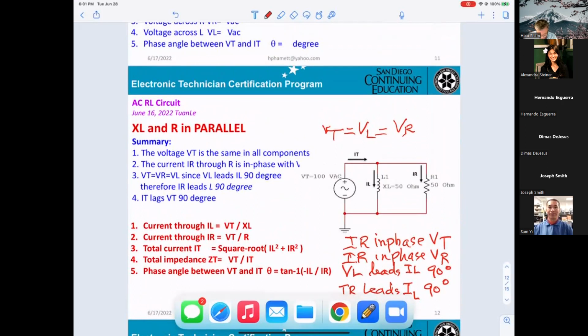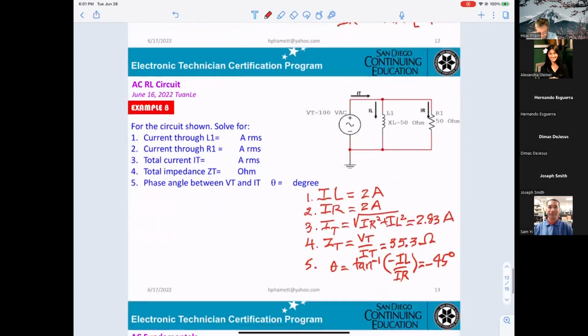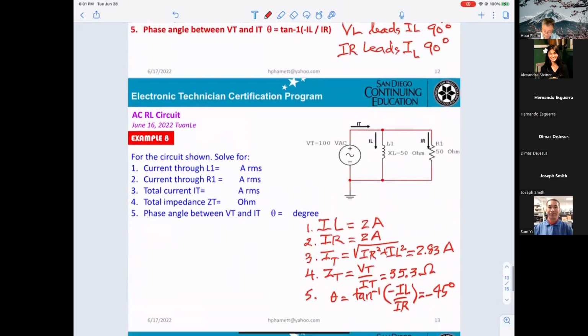Again, I try to make sure you know how to draw the vector. That's what you have to know. If you want to draw IR, IR must go this way.